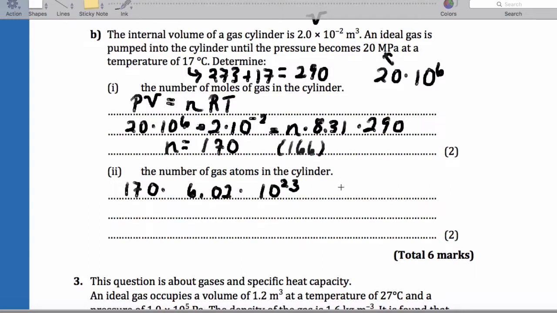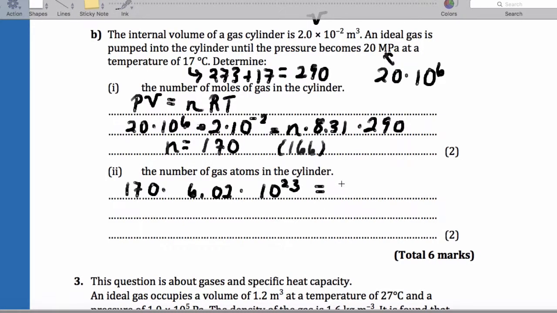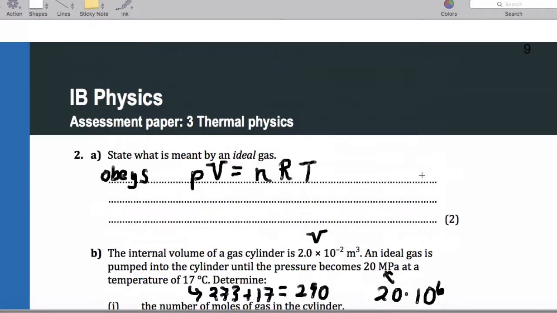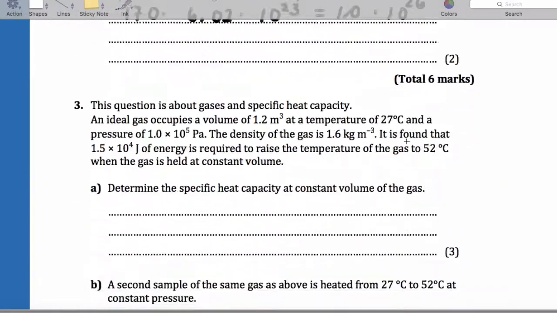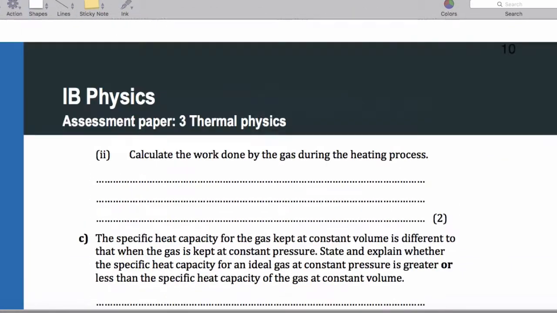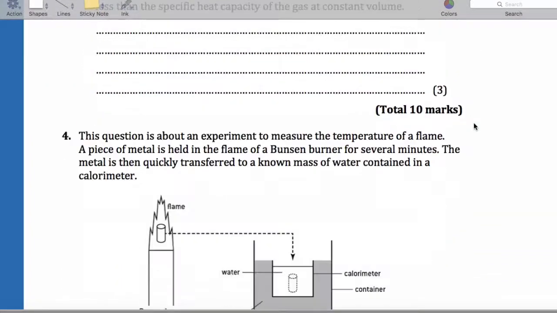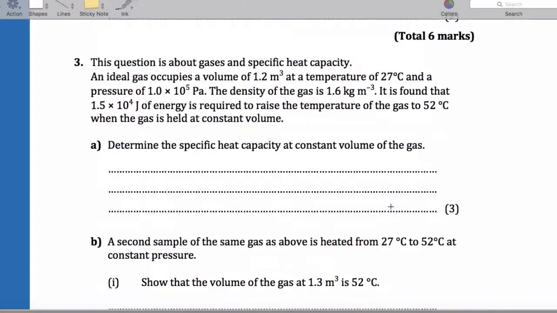And that's going to give us about 1.0 times 10 to the 26th. So that's good for questions 1 and 2. And we'll do questions 3 and 4 in the next video.